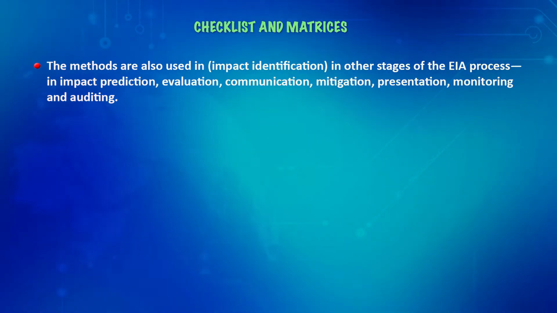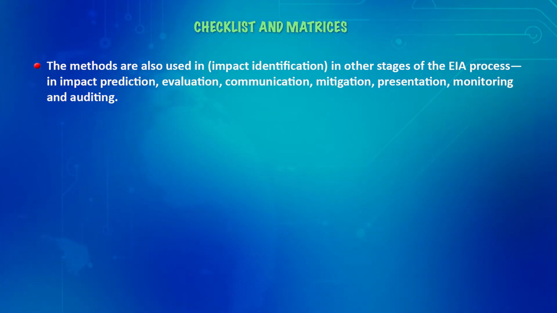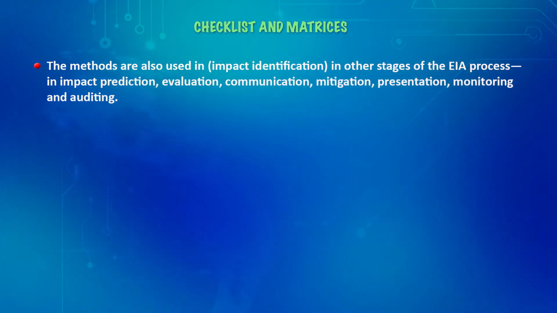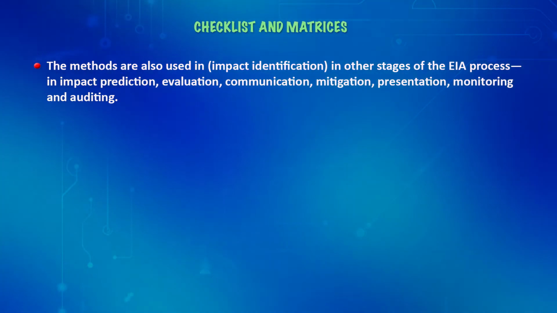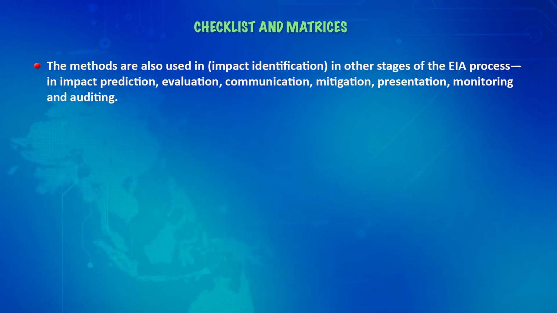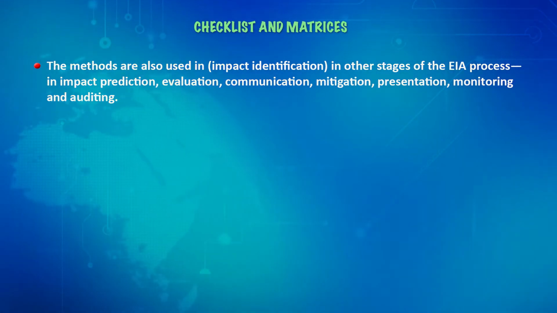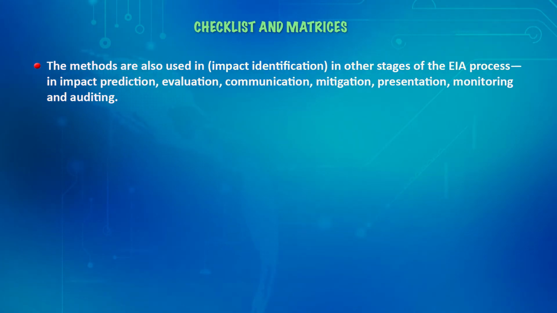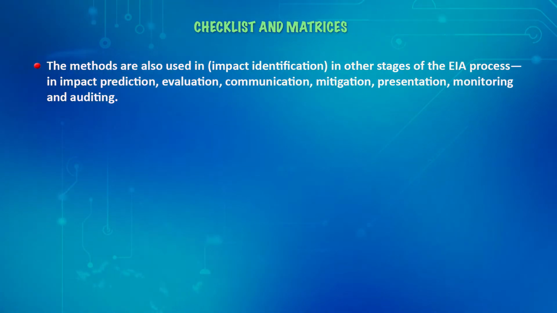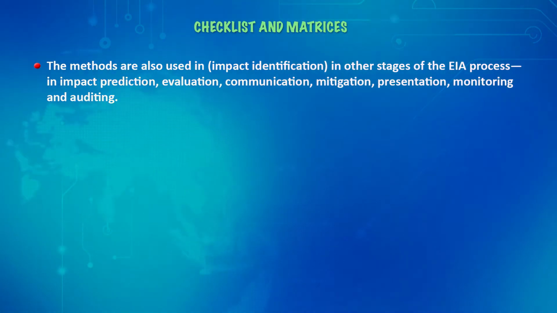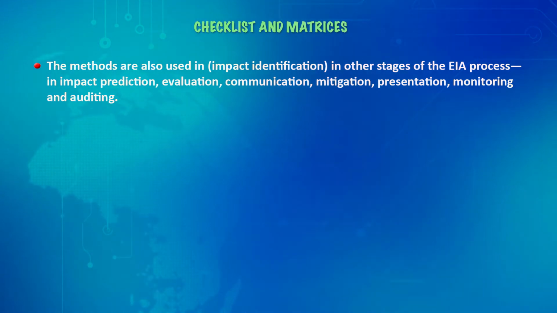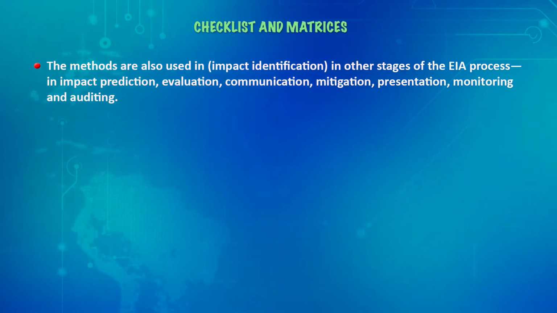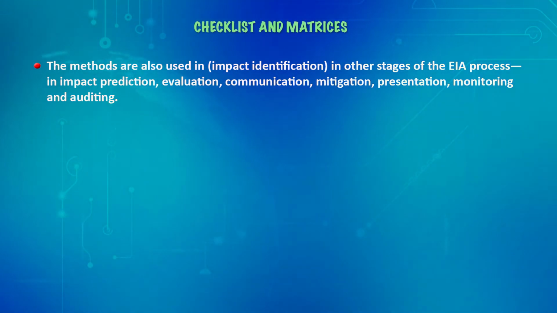Finally, whatever we are doing has to be presented in a properly understandable manner with clarity and brevity, and all of this will be possible using these methods. So these methods are not only for impact identification; they are used for the different steps involved in the EIA process.